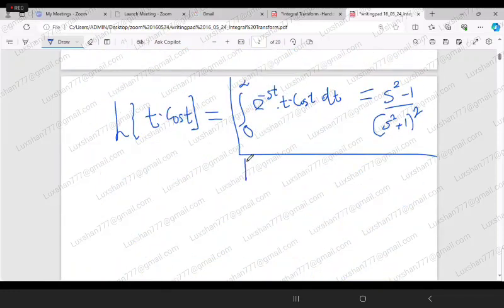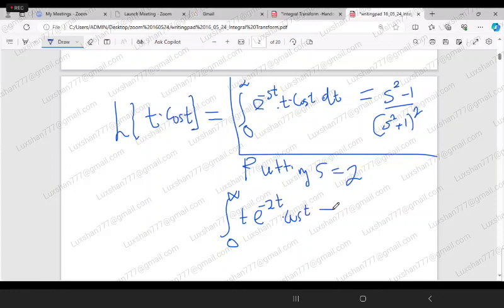So putting s equal to 2, we get the integral from 0 to infinity of t into e to the power minus 2t into cos t dt equal to, if we put s equal to 2 in the right hand side, 4 minus 1 over 4 plus 1, all this here.